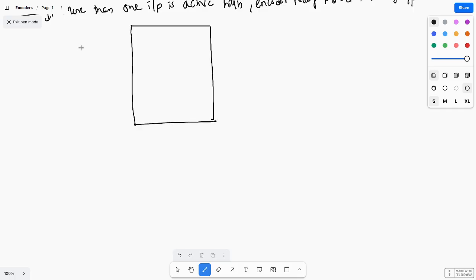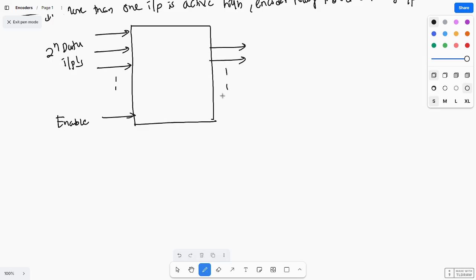Here you have 2 power n data inputs, and this is the enable pin, and you have n data outputs. So this is the block diagram for the basic encoder.